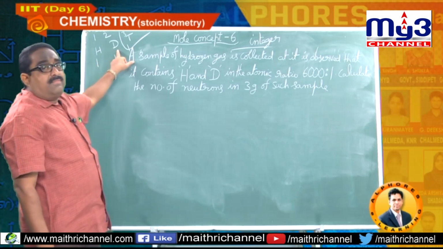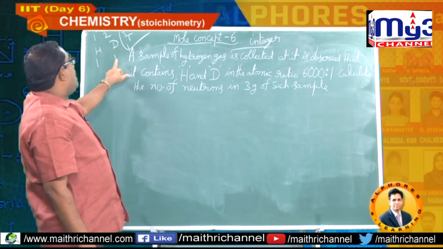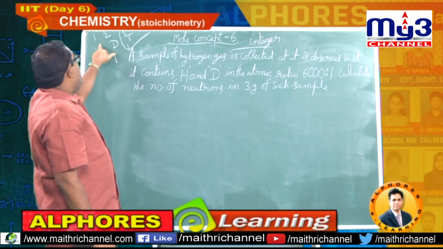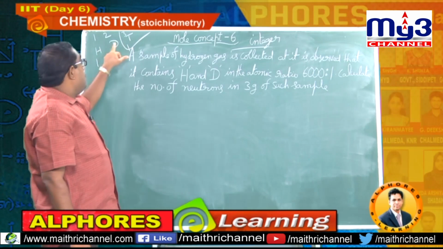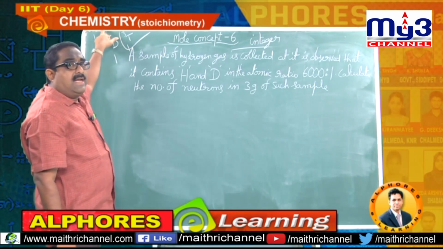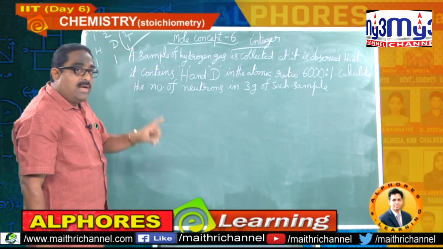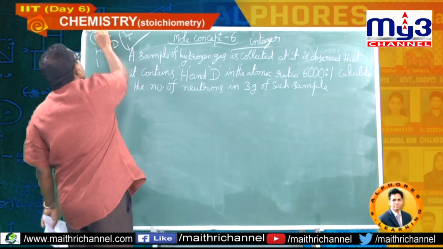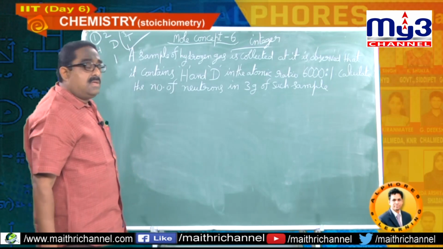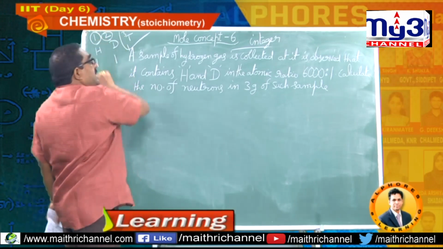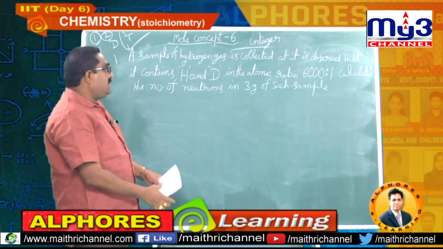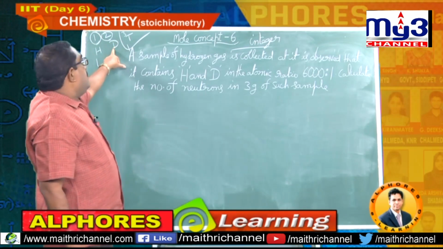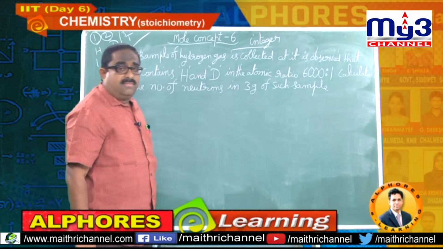Hydrogen and deuterium both contain 1 proton, 1 electron. But hydrogen does not contain any neutron, but deuterium contains A minus Z, that is 2 minus 1, 1 neutron. Whereas atomic mass of hydrogen is 1 and atomic mass of deuterium is 2. So this is the data first we should have to solve this question.